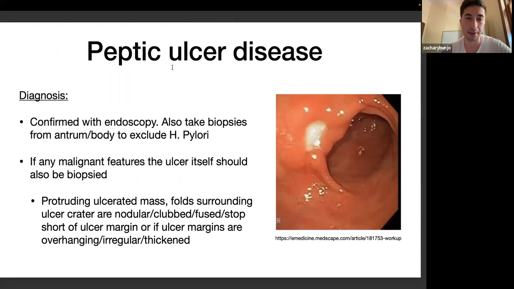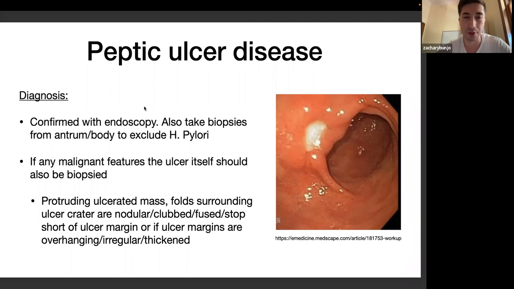In terms of the diagnosis, it's confirmed with endoscopy. Biopsies should also be taken from the antrum and body of the stomach to test for underlying H. pylori infection. If the ulcer has any malignant features, then the ulcer itself should also be biopsied, and some of those features are listed here.